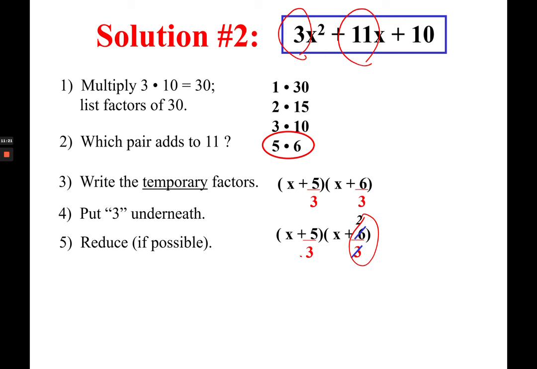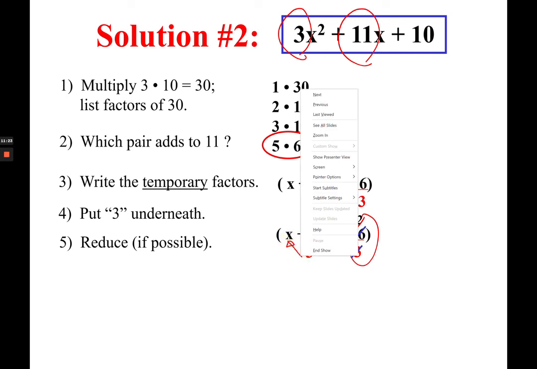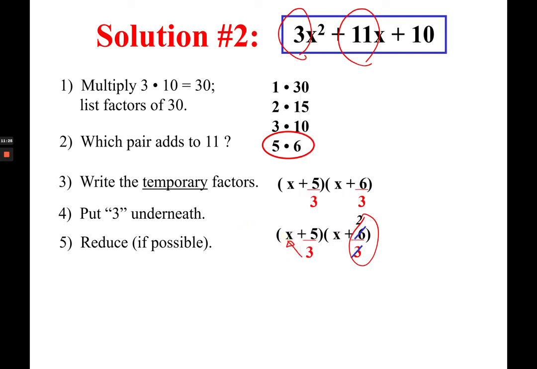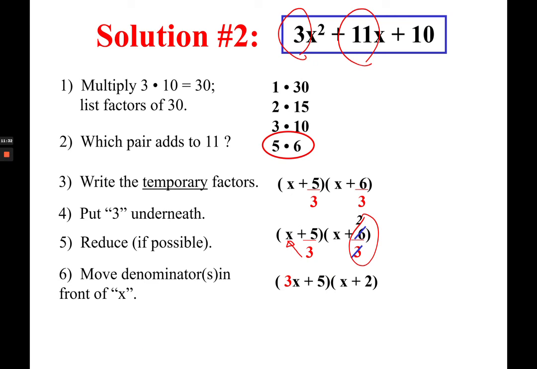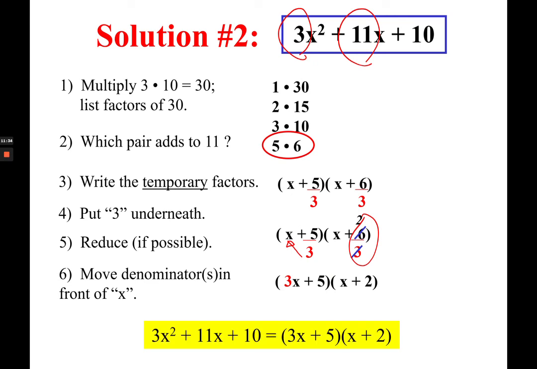And since the first is not reducible, we are just going to move 3 in front of x for the first factor, 5 over 3. And we found the factor of our trinomial 3x squared plus 11x plus 10. The correct factor is 3x plus 5 multiplied by x plus 2.